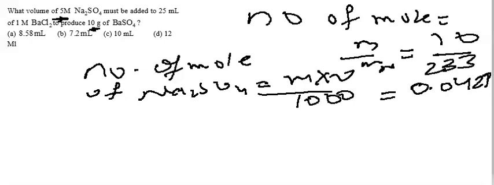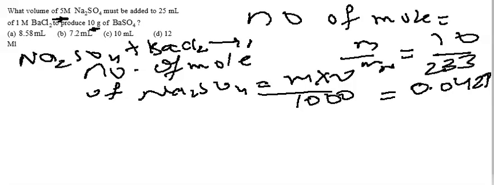And one more thing I forgot is we have to write down the reaction first. That is Na2SO4 plus BaCl2 gives BaSO4 plus NaCl. So this directly indicates that these are equal in ratio.